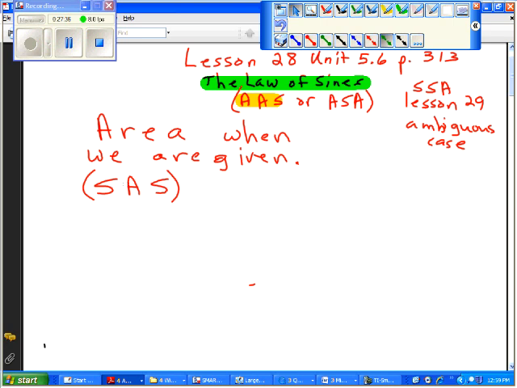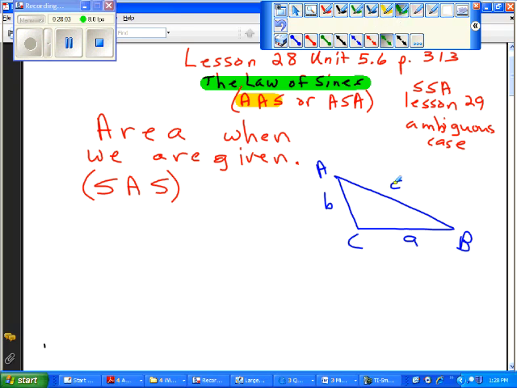Okay. Now, let's draw a picture first. So let's just say that we had capital A, capital B, capital C, little a, little b, little c. Now, I'm going to use color. I'm going to try to do a decent job of showing you this.